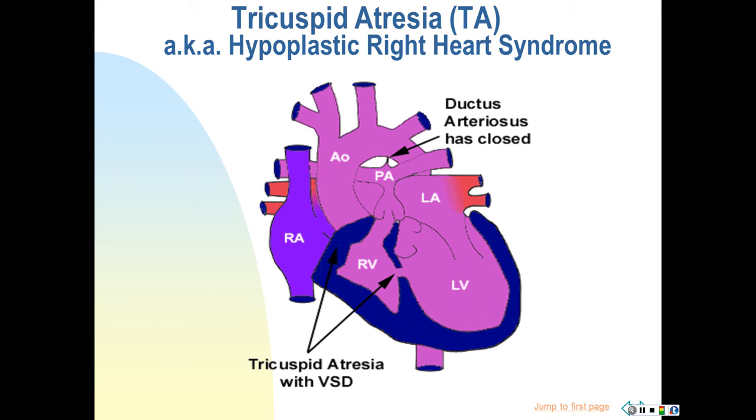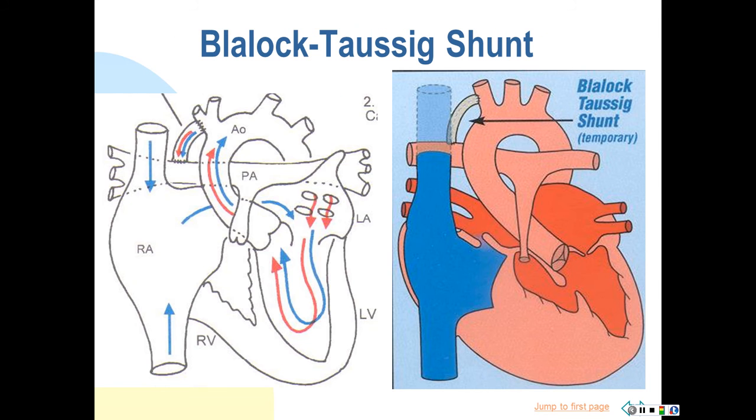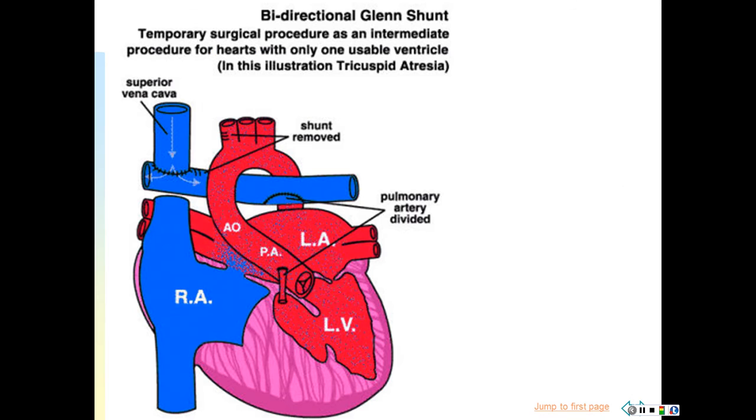We can't go to a ventricle store and say, I need a new right ventricle because my patient doesn't have one. So what they have to do is they are going to do some palliative work around this, and through a series of surgeries, they will palliate the child so that they can live with one ventricle. Now, fortunately for these children, the one ventricle that's there is the left ventricle.